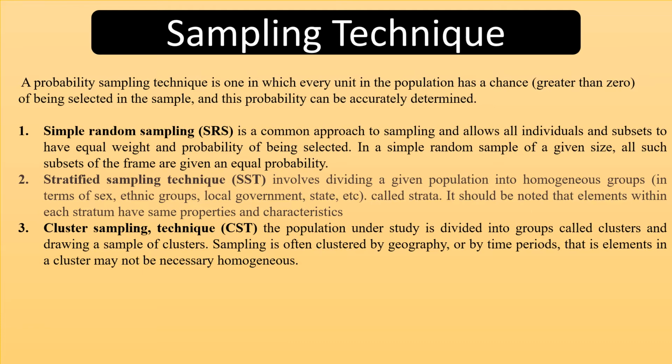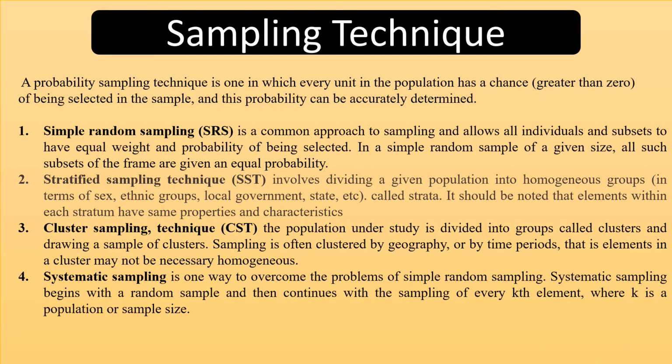Sampling is often clustered by geography or by time period, that is, elements in a cluster but not necessarily homogeneous. So the difference between stratified and cluster sampling is in stratified, all the strata must have homogeneous property, but in cluster sampling, it is not necessarily important that the groups, the clusters, are homogeneous.